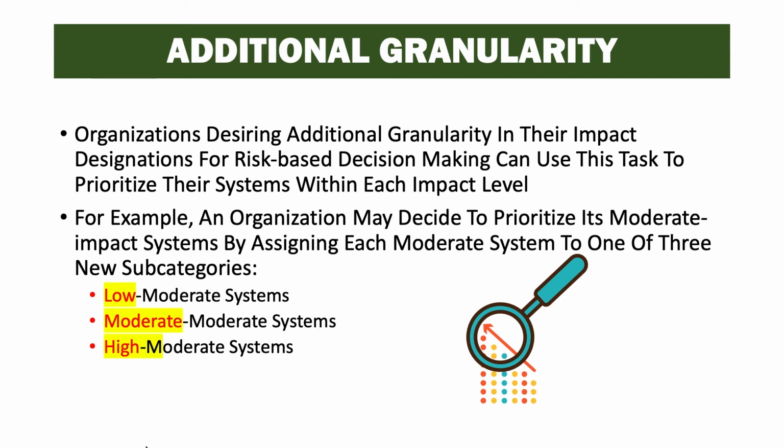And again, as in the normal classification structure, those systems that are designated as high moderate systems would get additional scrutiny and additional controls and additional breadth and depth of implementation and assessment over those systems that are designated as low moderate systems. So this just allows us to further categorize our systems.